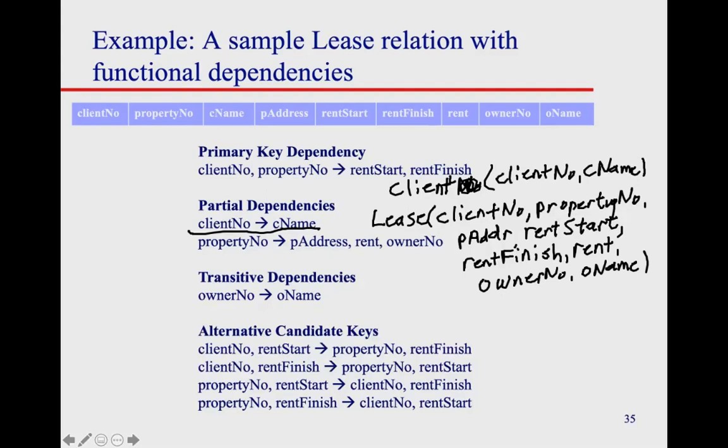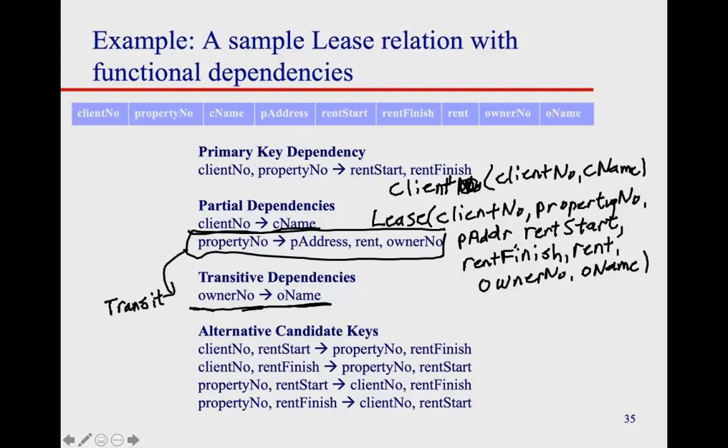Now, when we go from second normal form to third normal form, we would still have this as a transitive dependency, but now this one, property number determines property address, would also become a transitive dependency in this case.